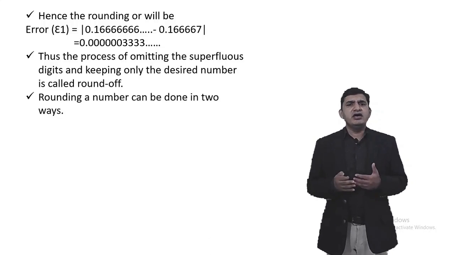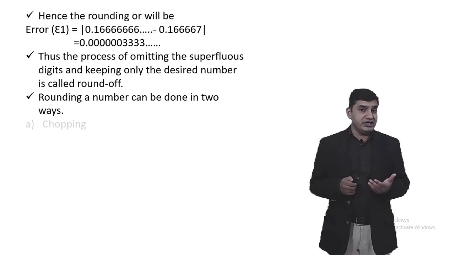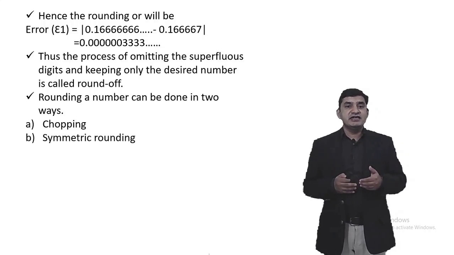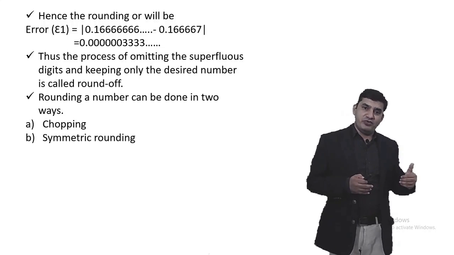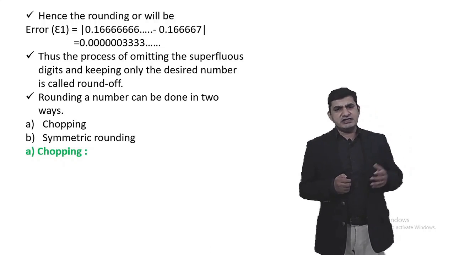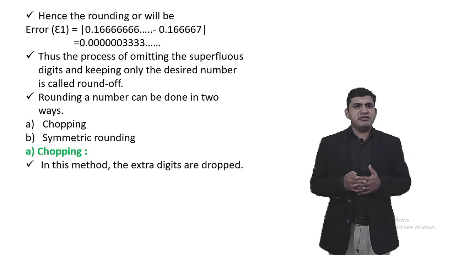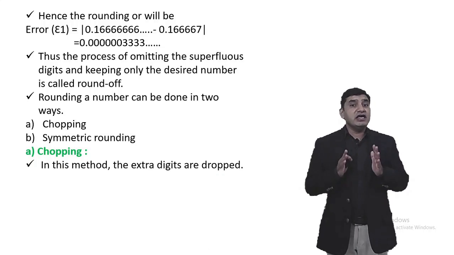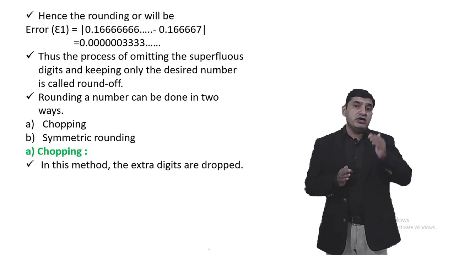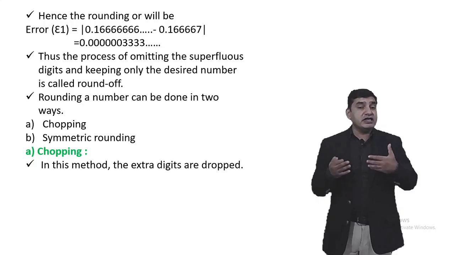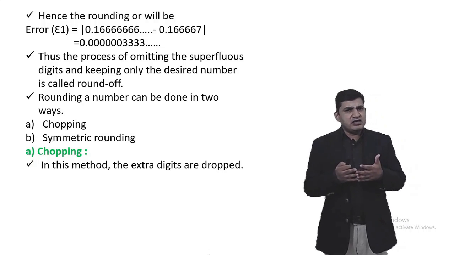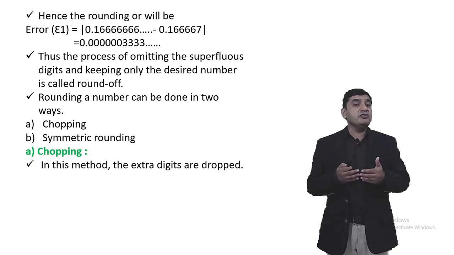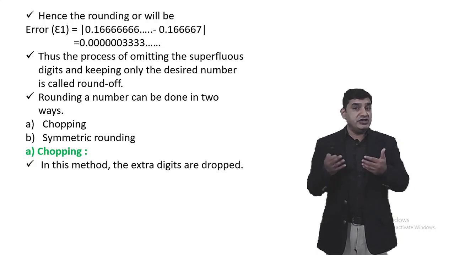Now rounding a number can be done in two ways. First is chopping, and second is symmetric rounding. Now we have to see what chopping is. In this method, extra digits are dropped. In case of round-off, there are so many digits, and the computer cannot store all these digits.